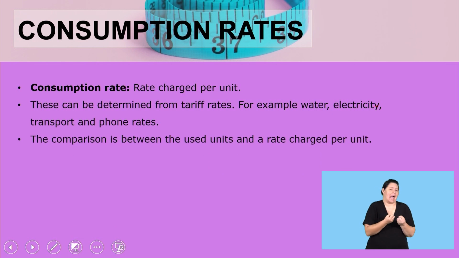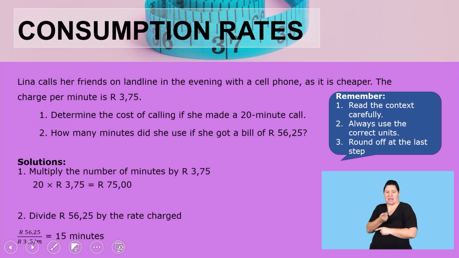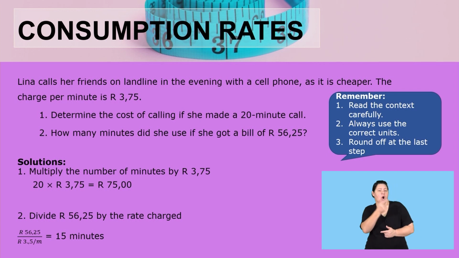So now, when we do the tariffs, we are comparing the units charged per specific rate. So let us have a look at this example. Lina calls her friends on landline in the evening with a cell phone as it is cheaper. The charge per minute is 3.75 rand. Determine the cost of calling if she made a 20-minute call.